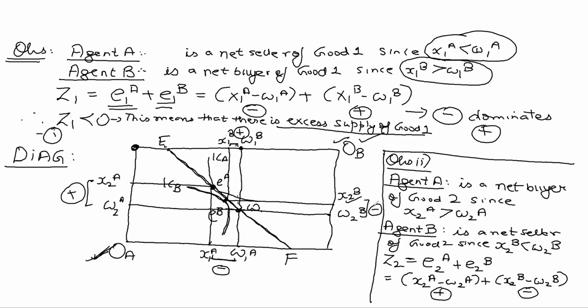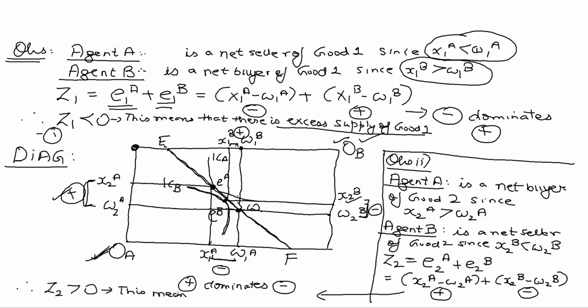But you can see that the positive term dominates the negative term. It is positive by this much, but it's negative only by this tiny amount. So, therefore, my Z2 is positive, and this means that there is excess demand for good 2.